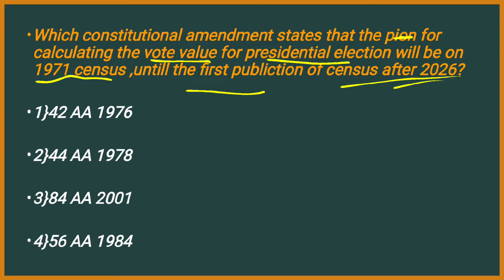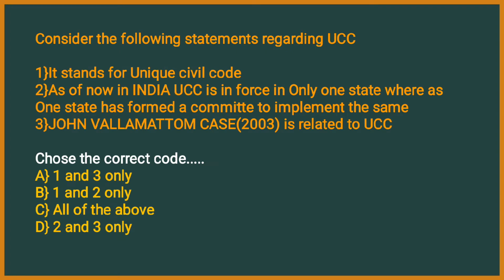Options are 42nd Amendment 1976, 44th Amendment Act 1978, 84th Amendment Act 2001 and 56th Amendment Act of 1984. Here the right answer is the 84th Amendment Act of 2001. It states that until the first publication of the census after 2026, to calculate the value of the President's vote, we need to consider the census or the population of 1971 itself.